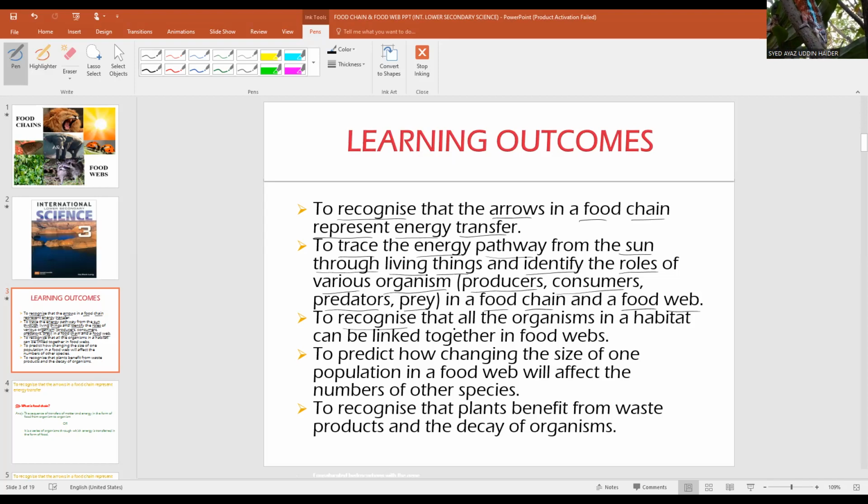To recognize that all the organisms in a habitat can be linked together in food webs. To predict how changing the size of one population in a food web will affect the numbers of other species. To recognize that plants benefit from waste products and the decay of organisms.